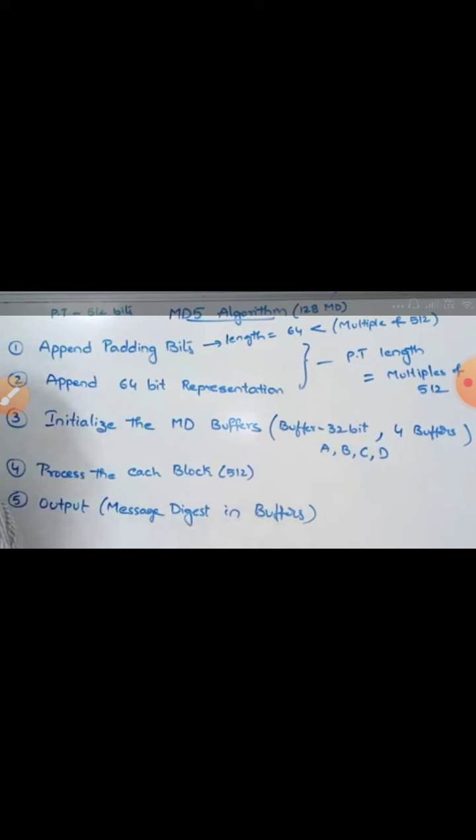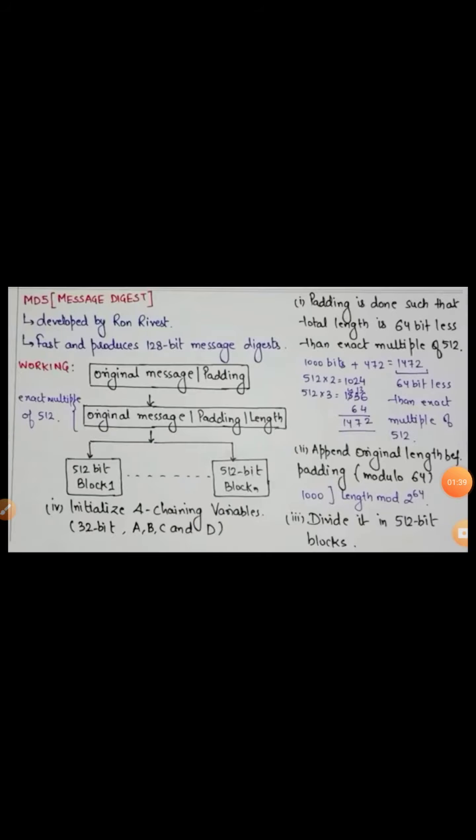First, append padding bits. Okay, we will see it step by step. The first step is appending the padding bits. Here we have to add some bits to the original message. So we have to see how many bits we have to add.